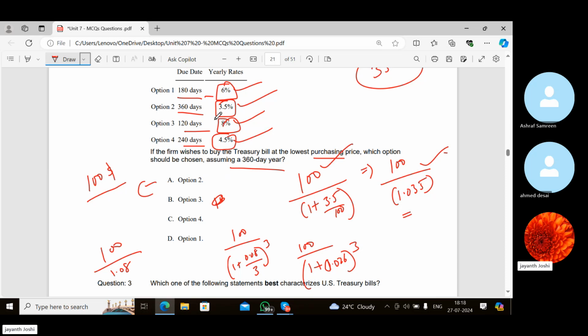We will convert this, we will annualize this. If it is 120 days into 3, that is 24%. Okay, we will not do it like this. Divided by 1.24.